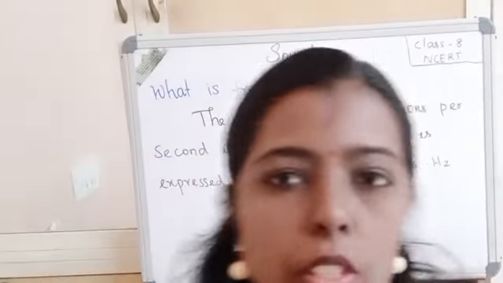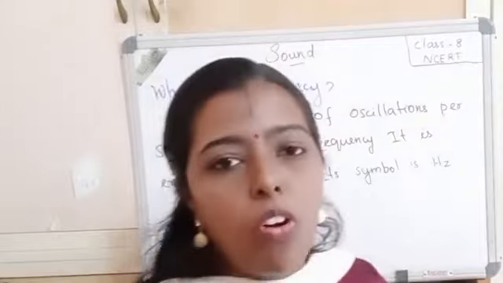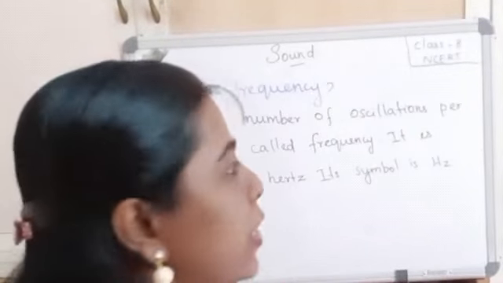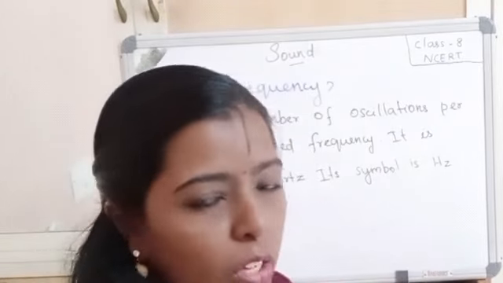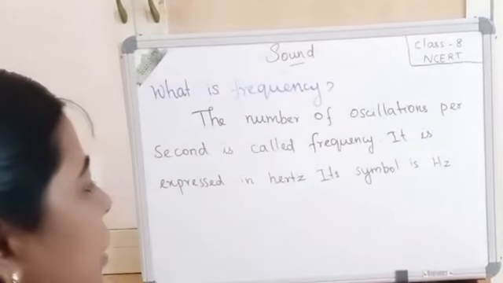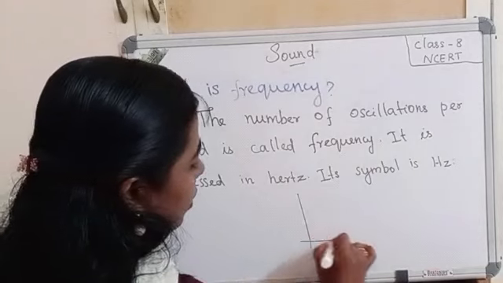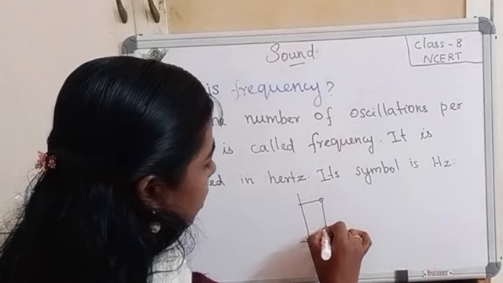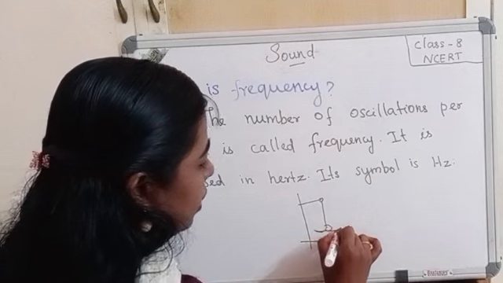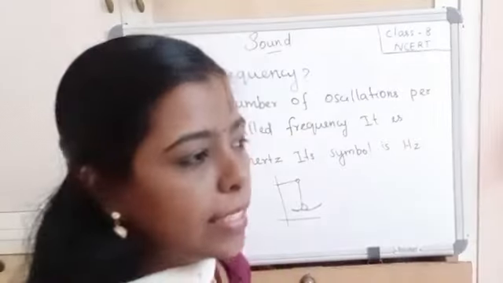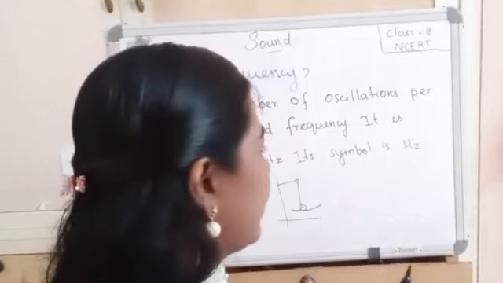So what is frequency? The number of oscillations per second is called frequency. When I oscillate a pendulum, it oscillates front and back.